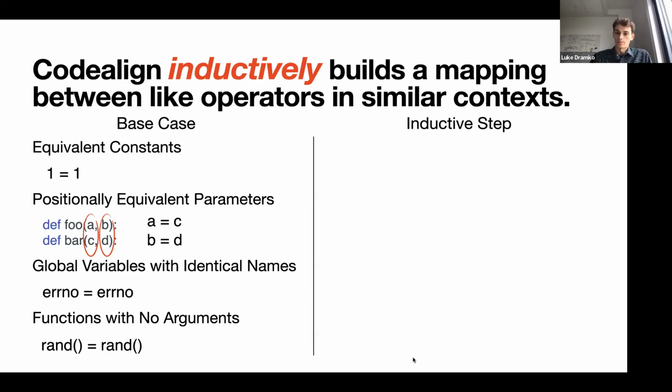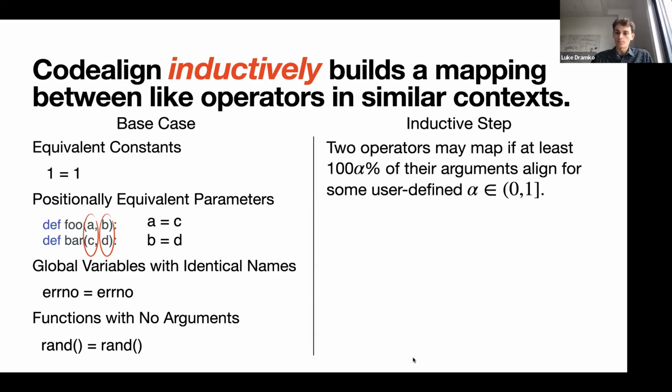And then our inductive step. We say that two operators may map together if at least 100 alpha% of their arguments also align for some user-defined alpha. So basically, this alpha is measuring how similar the arguments of two operators have to be to be considered aligned.